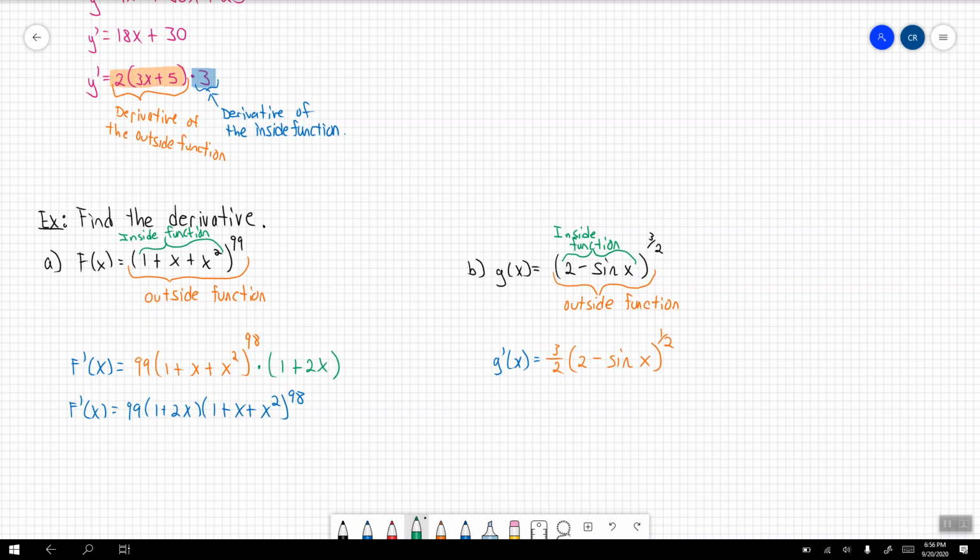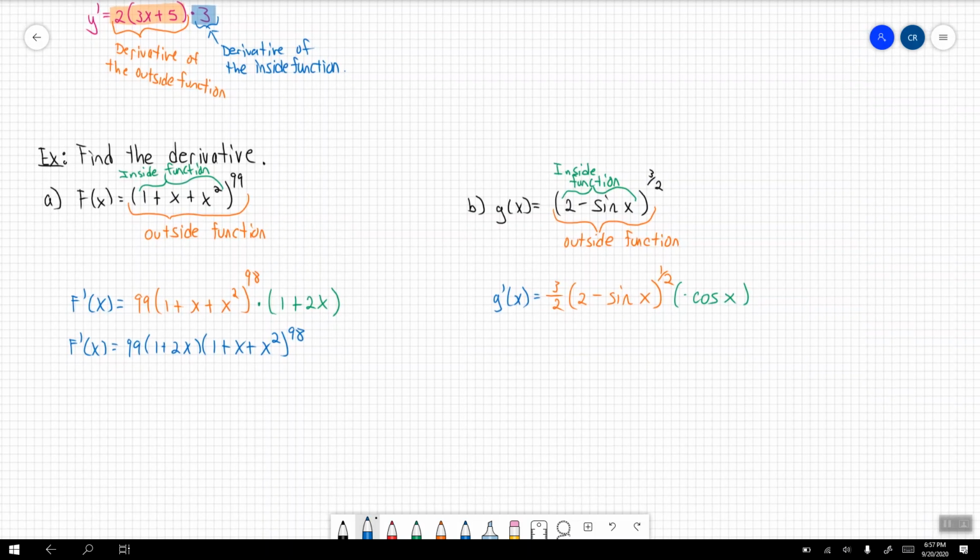And then we multiply by the derivative of the inside function. Well, the derivative of 2 is 0. The derivative of negative sine of x is going to be negative cosine of x, which means this is my derivative.